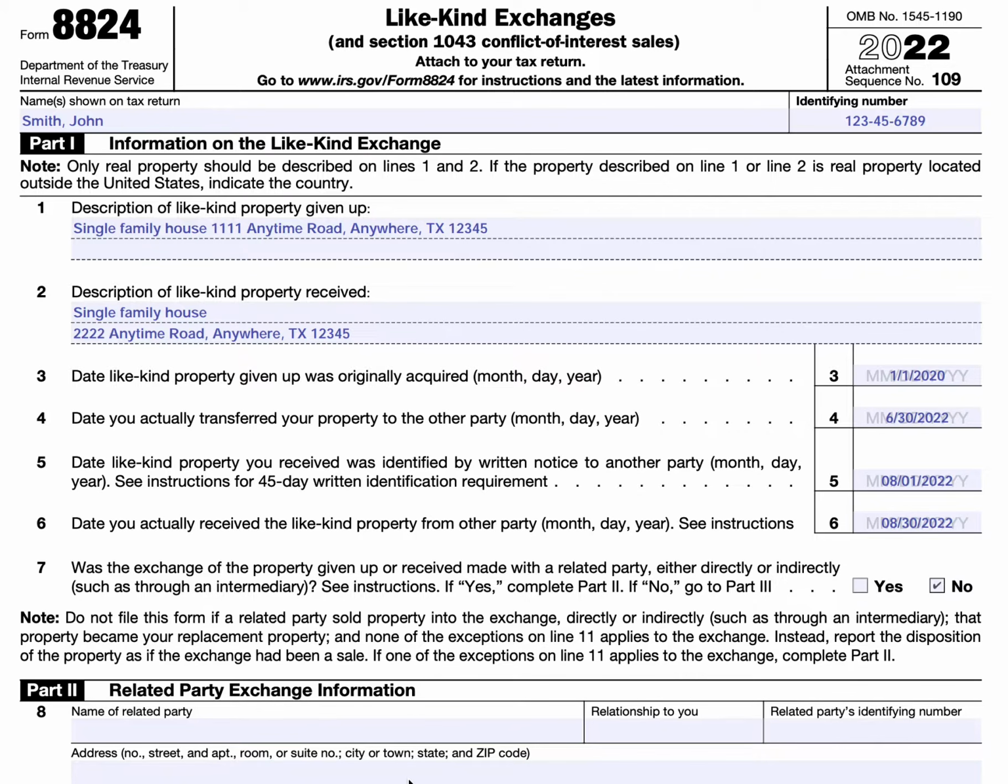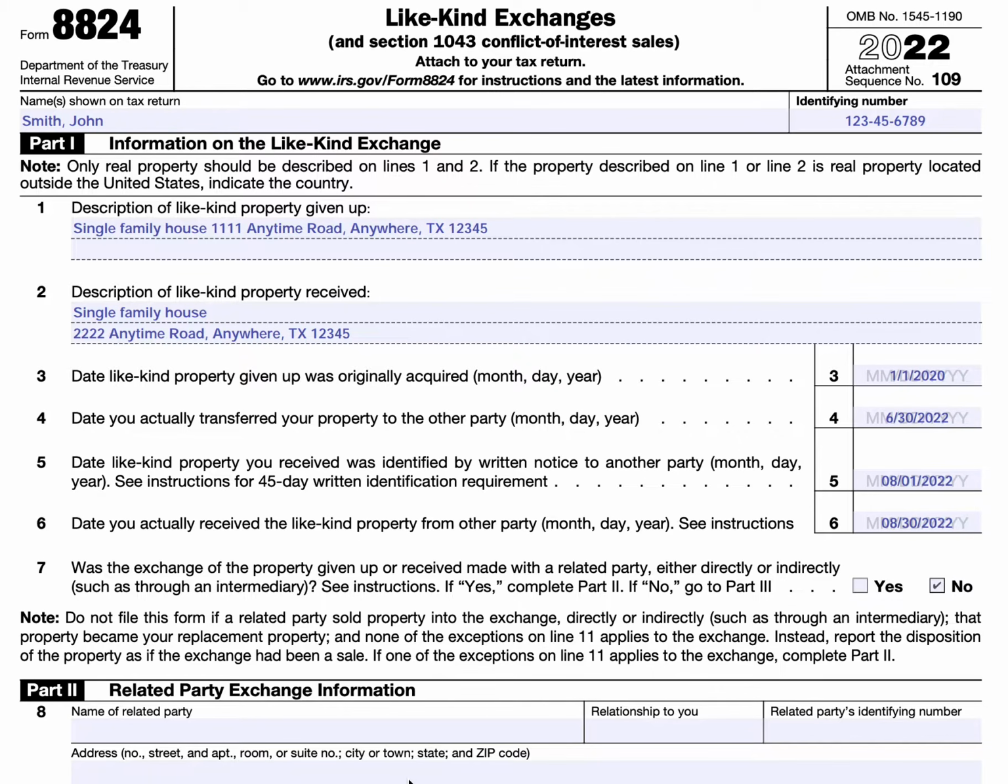So, for example, under 1031, this would be exchanging real estate. You can defer the capital gain on the sale of an investment property, such as, let's say, a duplex, and you decide to invest that money into an apartment building.